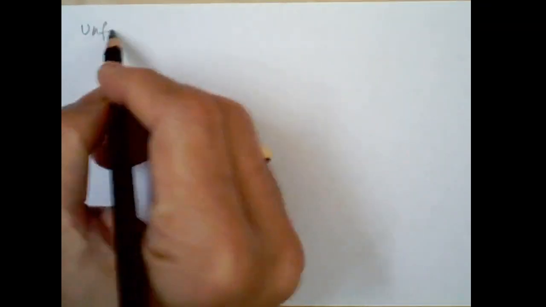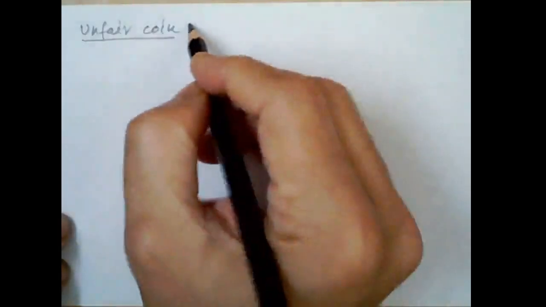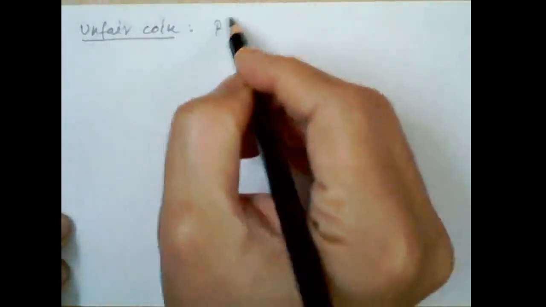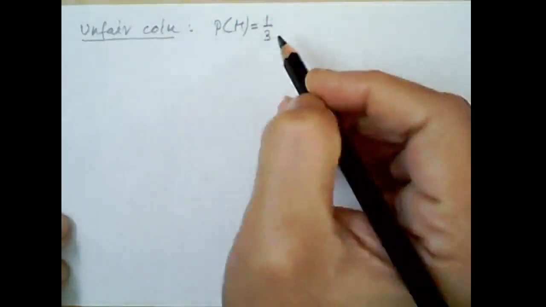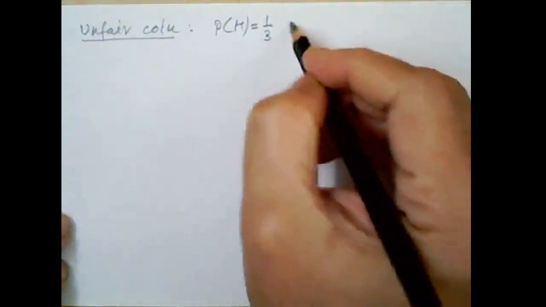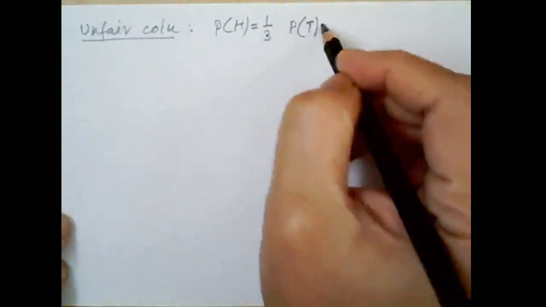Okay, so let's say we have an unfair dice. Or rather, let's consider an unfair coin. The unfair coin has 1/3 probability of showing heads, and therefore the probability of tails is going to be 2/3.